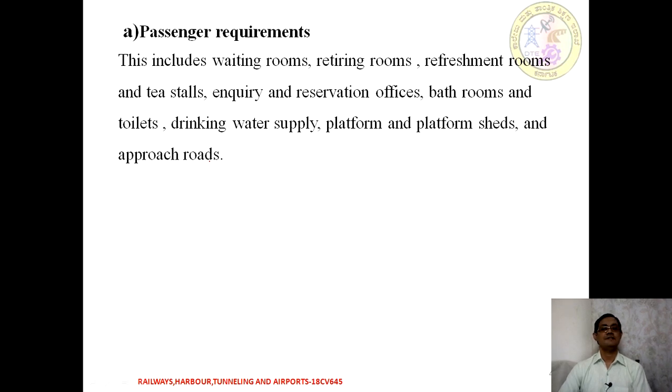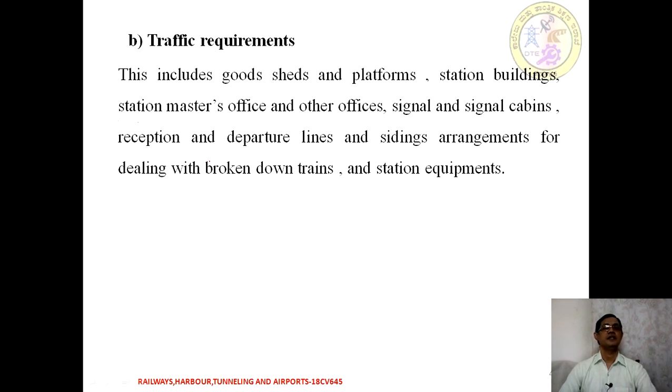Moving on to the first one, the passenger requirement. This includes the waiting room, retiring room, refreshments, tea stalls, enquiries, reservation offices, bathrooms, toilets, drinking water facility, platform and its shed, and approach area or approach road. These are the passenger requirements.